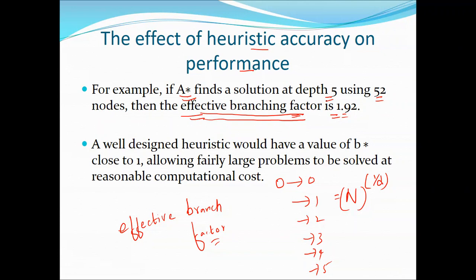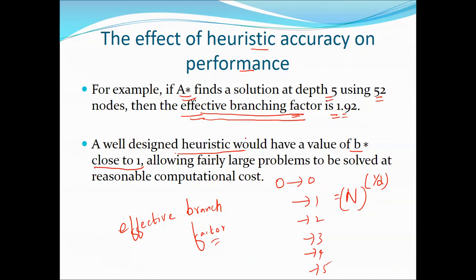And the study says that a well-designed heuristic would have an effective branching factor, sorry, sometimes I say branching factor. The research says that a well-designed heuristic function would have an effective branching factor close to 1. Close to 1, something less than 2 is also fine, then it is a good heuristic function.